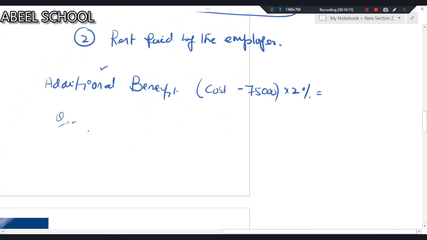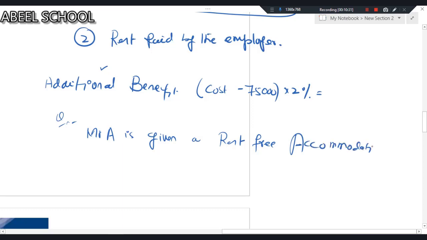For example, Mr. A is given a rent-free accommodation by the employer, of course, a rent-free accommodation costing £90,000 on 6th April 2022.